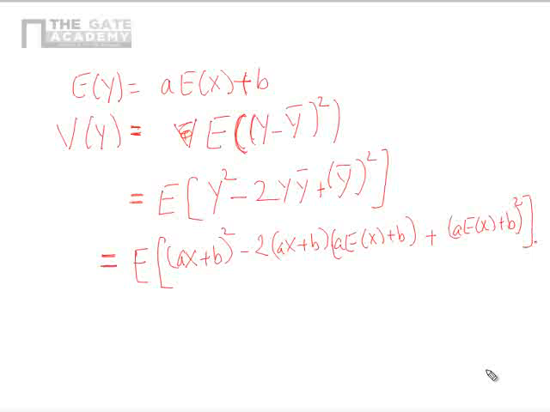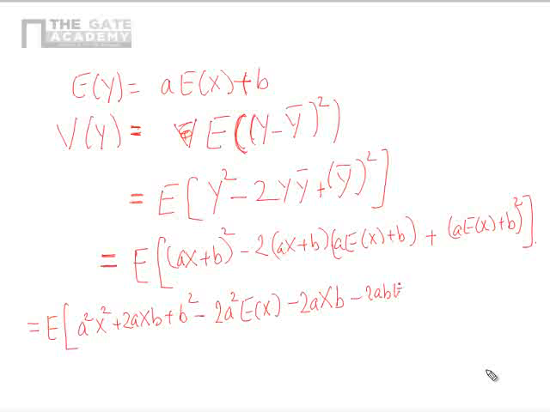Now if you simplify this big expression, what will you get? Here you will get a square x square plus 2axb plus b square, minus 2a square E of x, minus 2axb, minus 2ab E of x, minus 2b square.